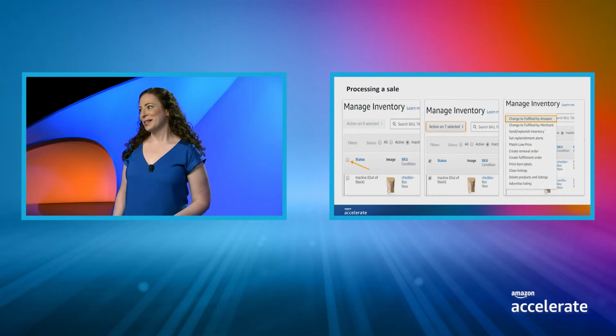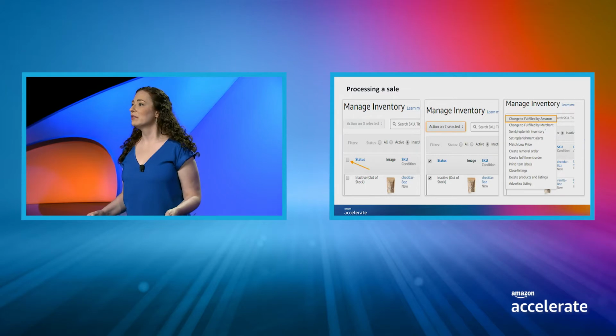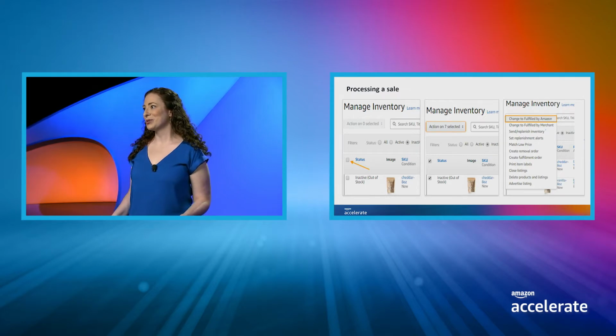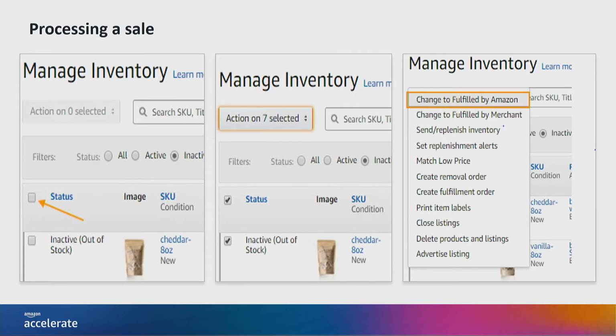Before your product listing can go live, you'll have to enter your inventory quantity in Seller Central, as well as how the order will be fulfilled. You'll choose between two options: Fulfilled by Merchant, where you will manually process your orders by viewing the order, picking the items, packing them, and shipping to the customer. You'll update the order in the system and manage customer service.